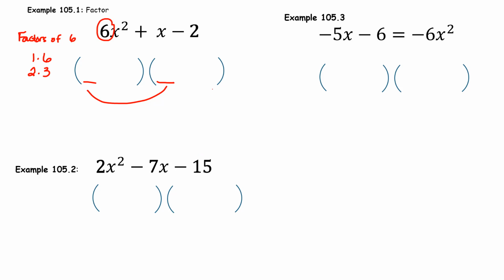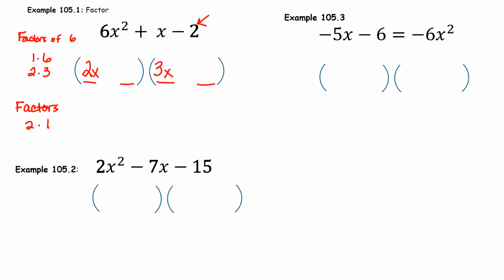So starting out, put a 2x here and a 3x here. That will give me 6x squared, my first term. So that's what I want. Now, how about this term, the constant term? Again, that comes when we multiply these last two things. That's where the -2 comes from. So the factors of 2 are 2 and 1.